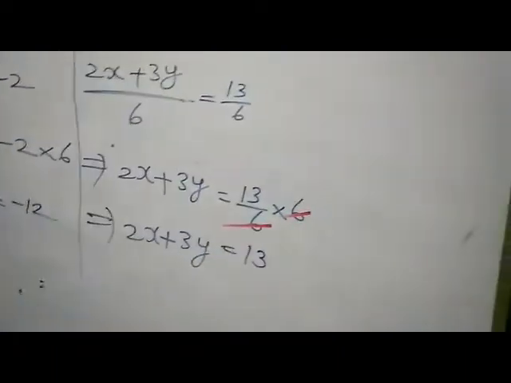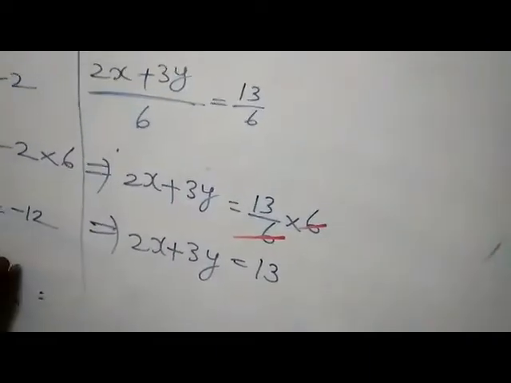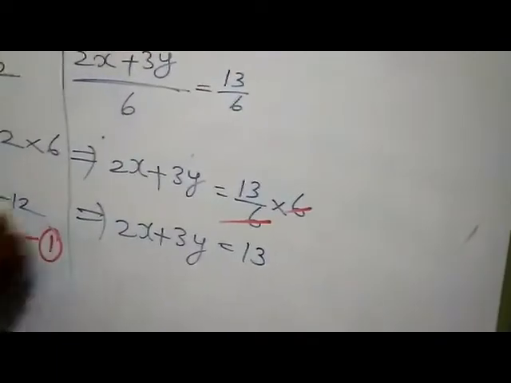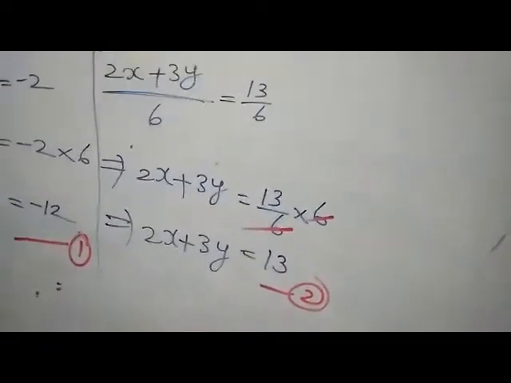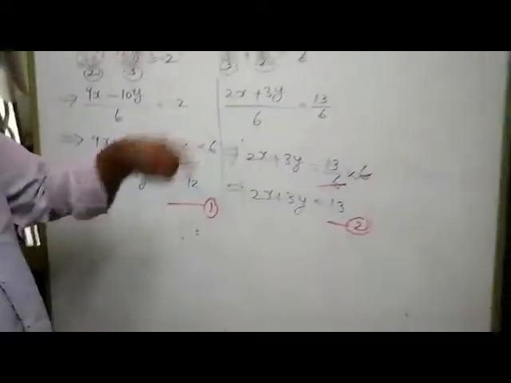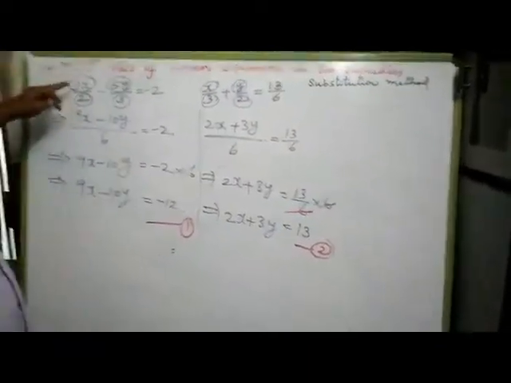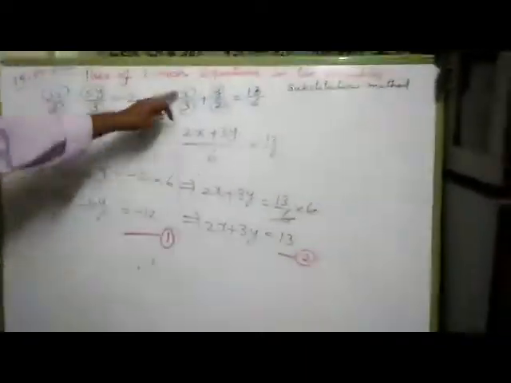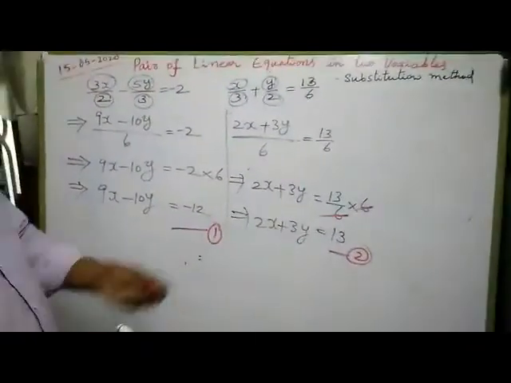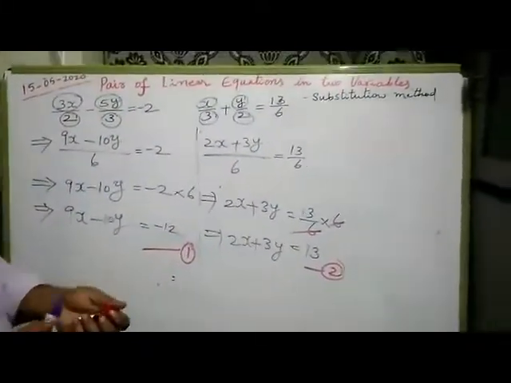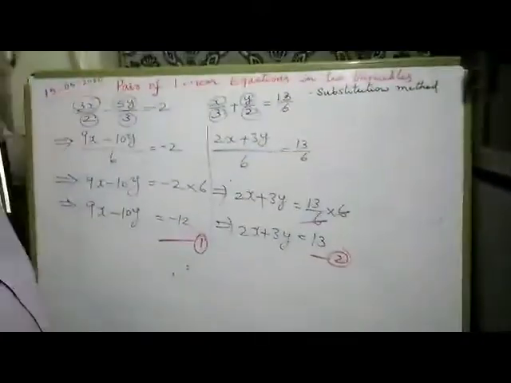So finally this equation turns out like this. This will be equation 1, and this equation I have written like this, equation 2. Now by using these two equations I am going to solve the x and y values, equation 1 and 2.